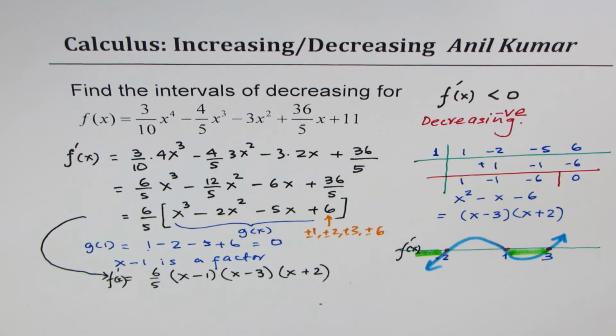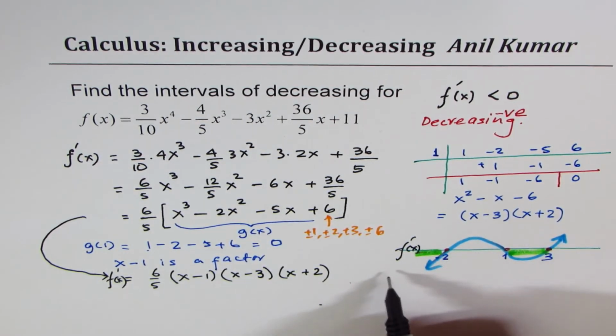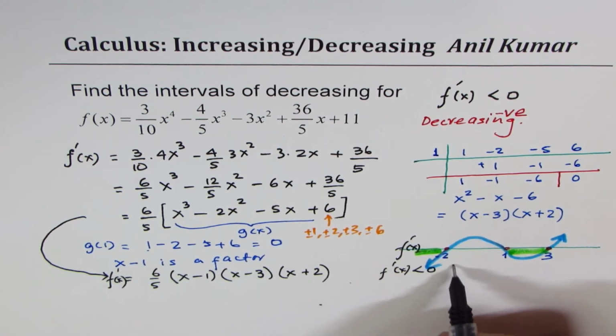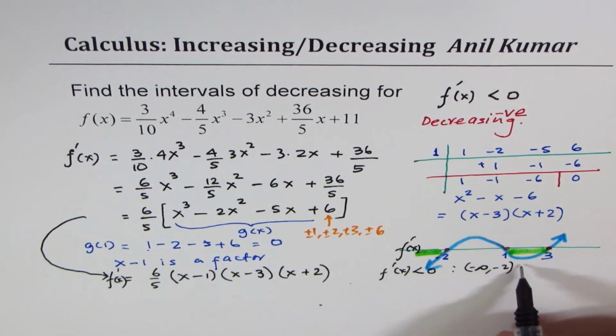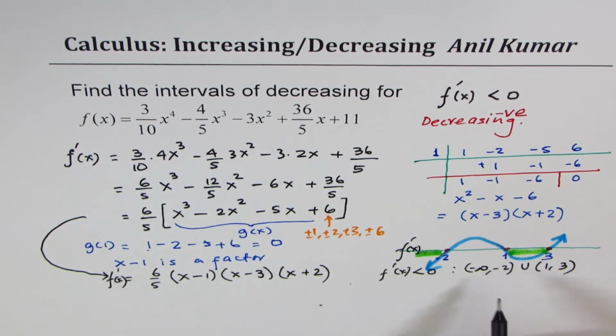So that gives us the solution that f dash x is less than 0 in which intervals? From -infinity to -2, union 1 to 3, right? So that becomes the solution.